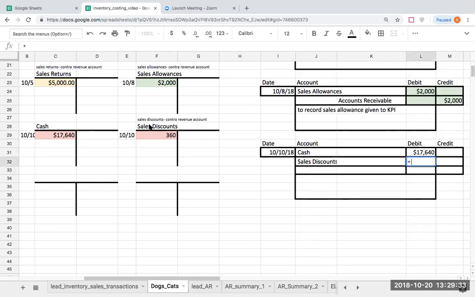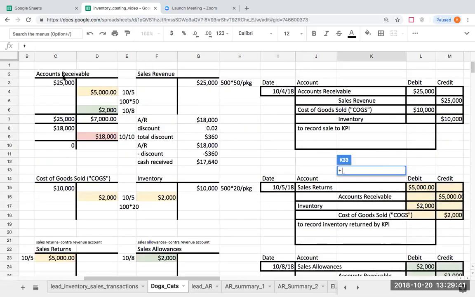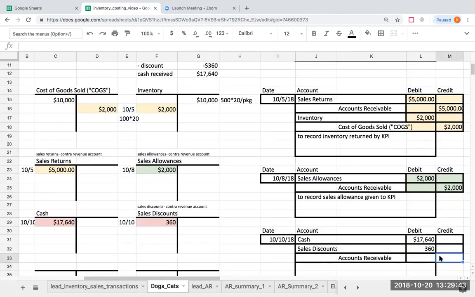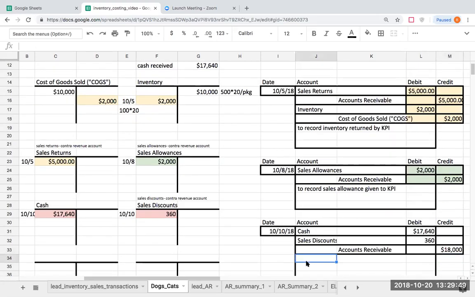Sales discounts of $360. Yikes, I'm losing it today, too much coffee. And then I'm crediting accounts receivable for $18,000. And here is to record receipt of payment from KPI.